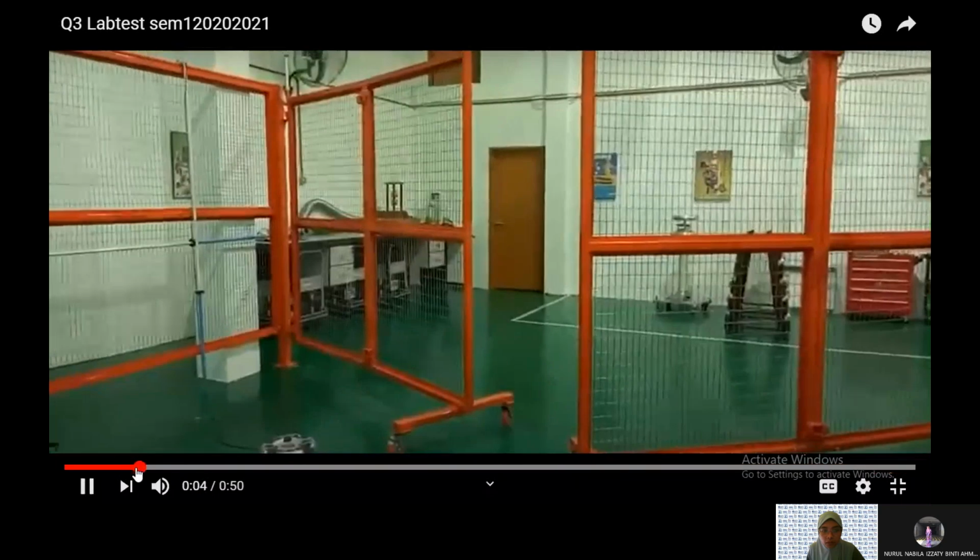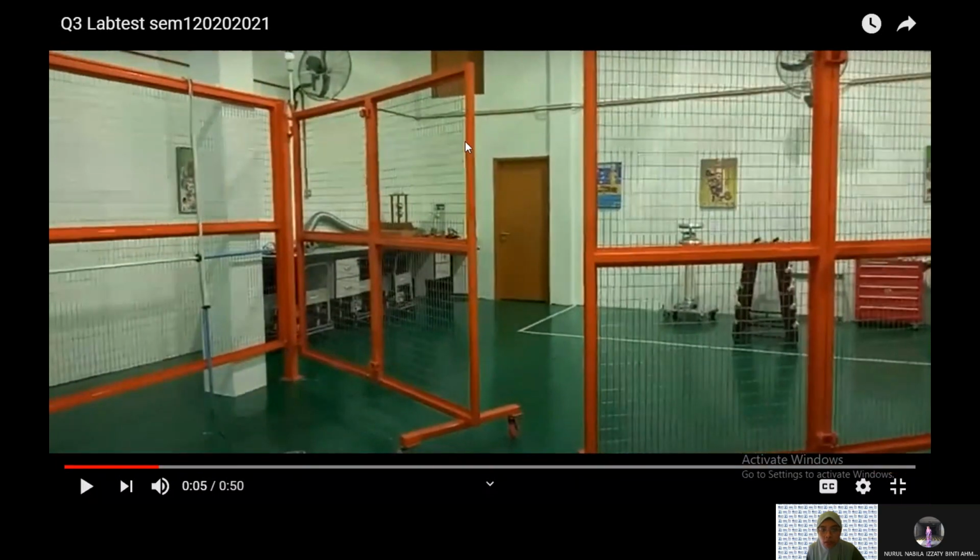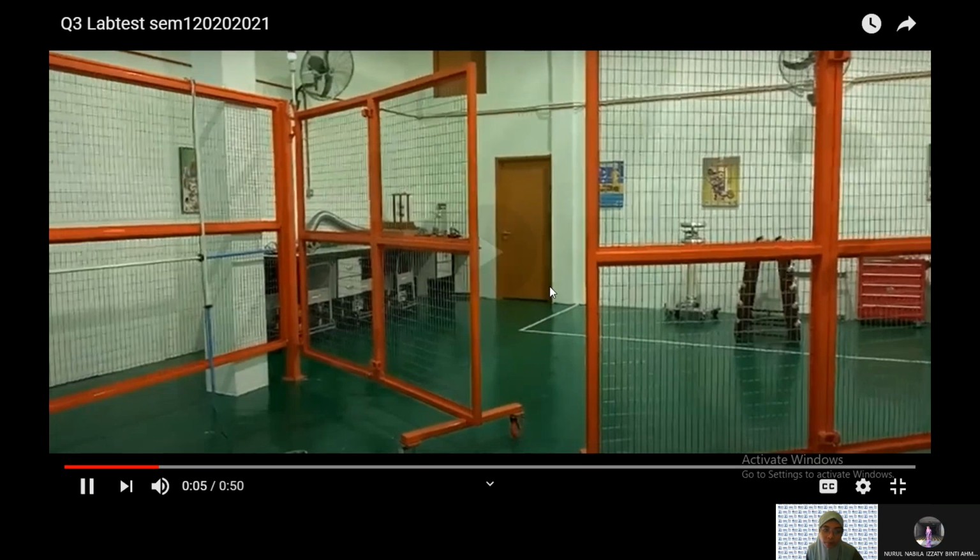Okay, we are back to here. As you can see, the gate of the cage itself is not properly closed. It's not closed at all. So we need to close both of these gates after entering the cage, and before starting to operate any of the instruments inside.